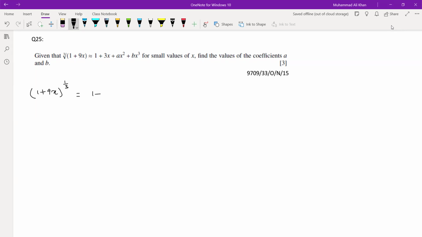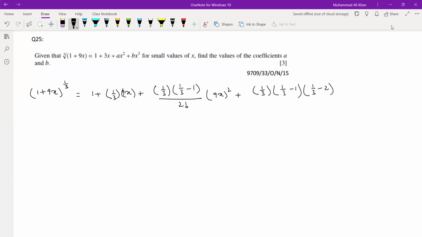So it will be 1 plus nx plus n(n minus 1) upon 2 factorial times (9x) squared plus n(n minus 1)(n minus 2) upon 3 factorial times (9x) cube. Keep solving each factor and each fraction.